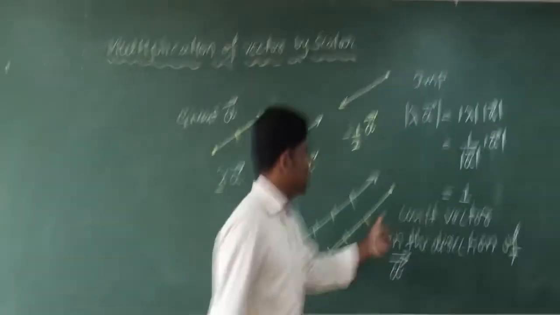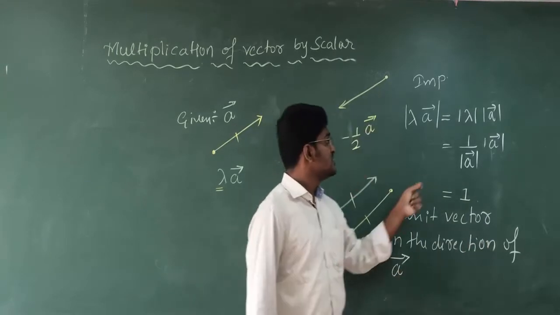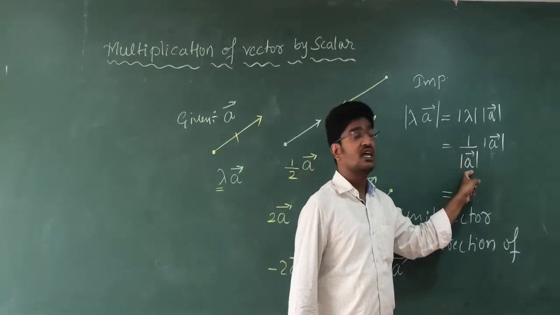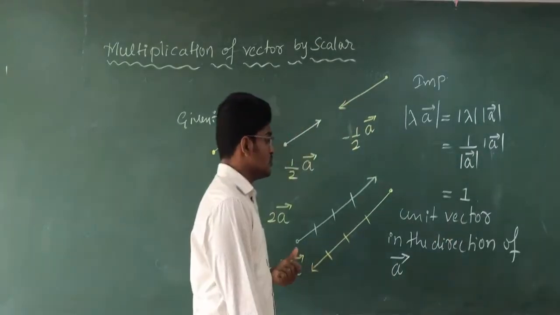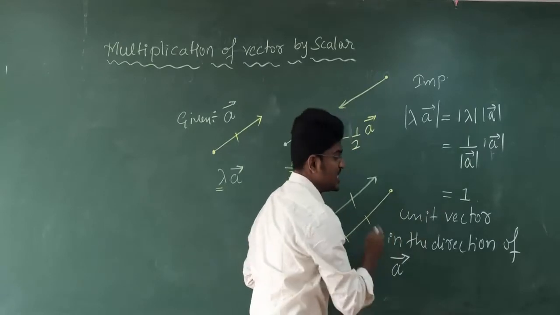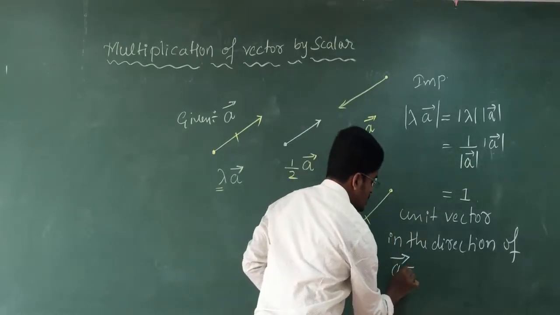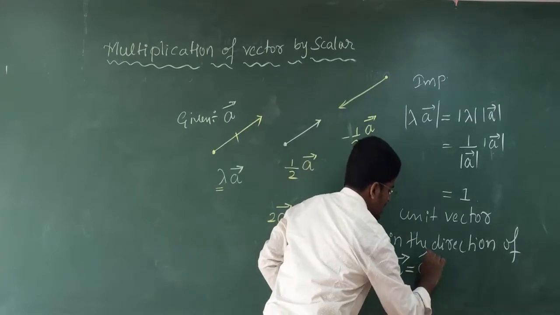Clear? So a unit vector in the direction of vector A is nothing but 1 by mod of vector A multiplied with vector A. So for our definition, we write it as: the unit vector in the direction of vector A is equal to A cap.